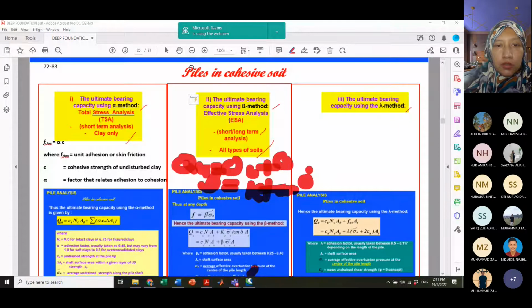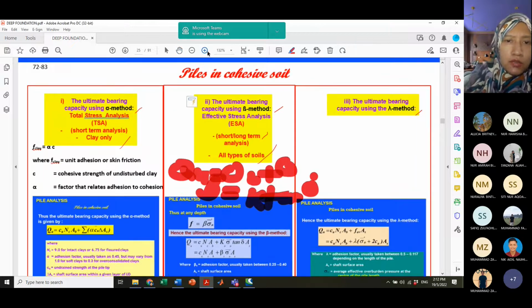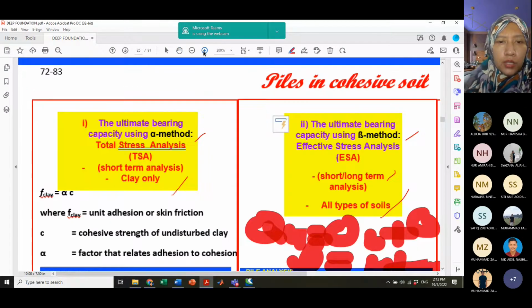Okay, we go to the first one, the static analysis approach for piles in cohesive soil. The piles in cohesive soil can be differentiated by the conditions of the soil itself, in this particular matter a clay. So the clay can be analysed in a total stress analysis or as an effective stress analysis.